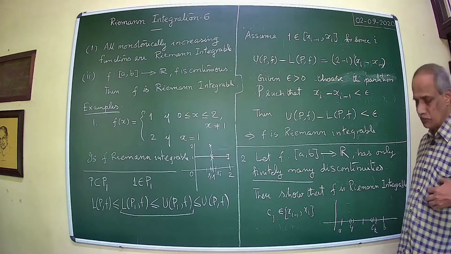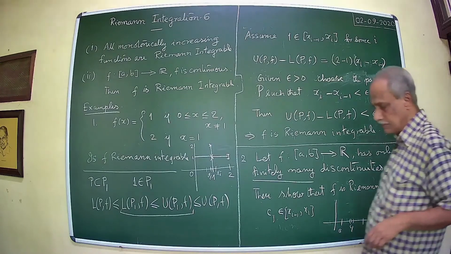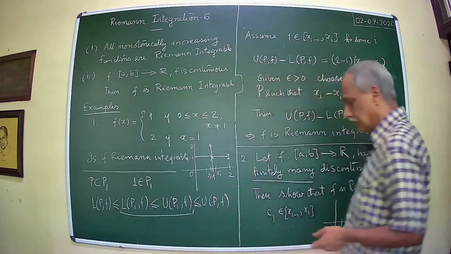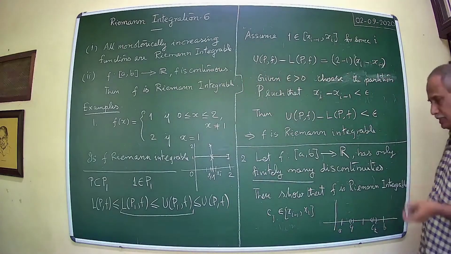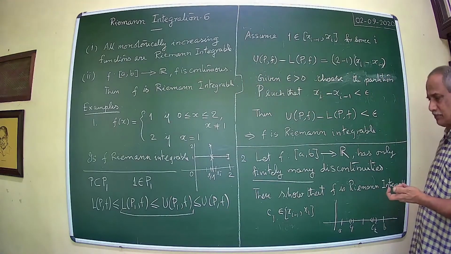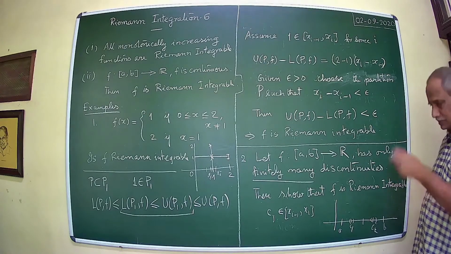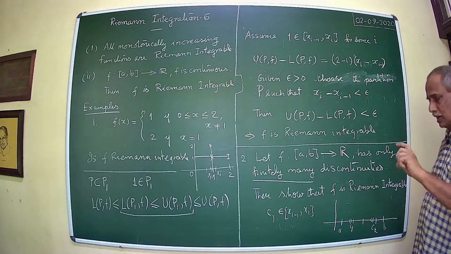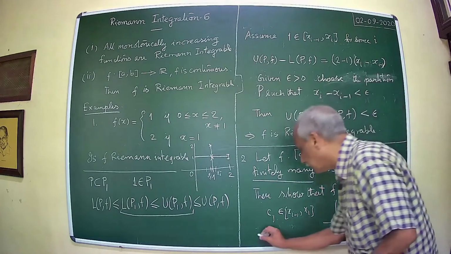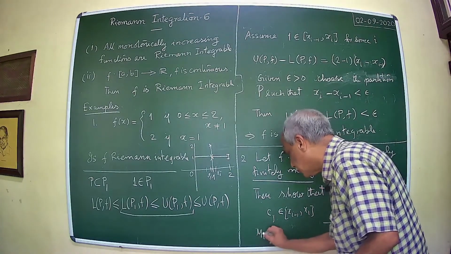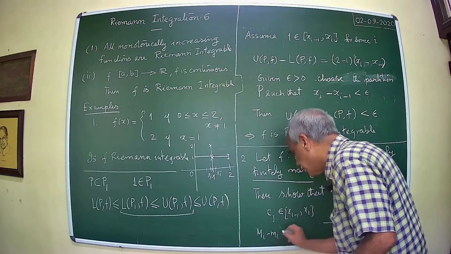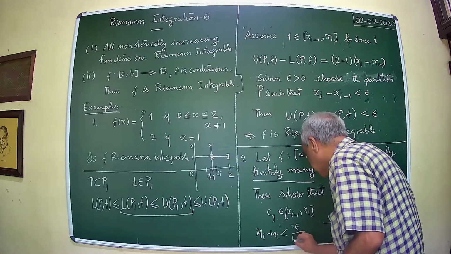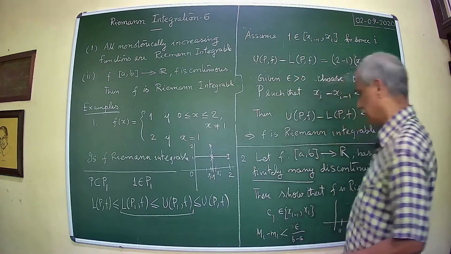At the place where the function is continuous, you can choose the interval width in such a way that the function's upper bound minus lower bound, Mi minus mi, is less than, say, epsilon divided by b minus a or something like that.